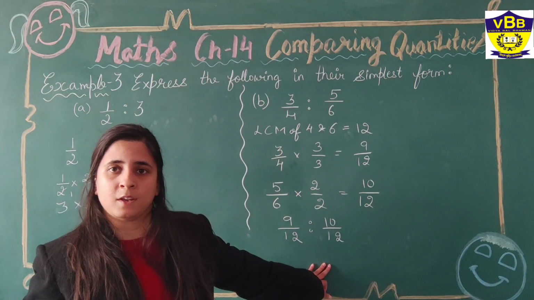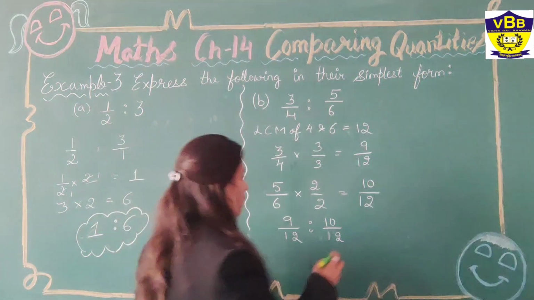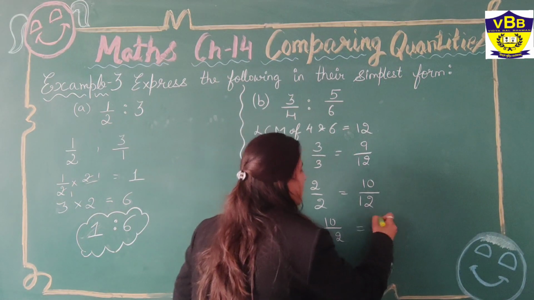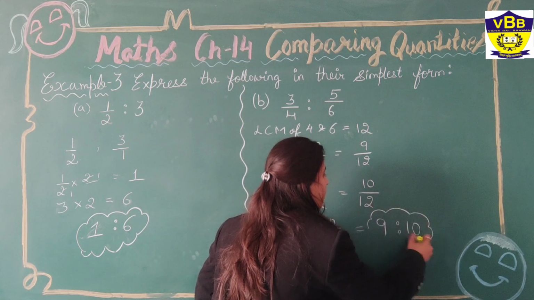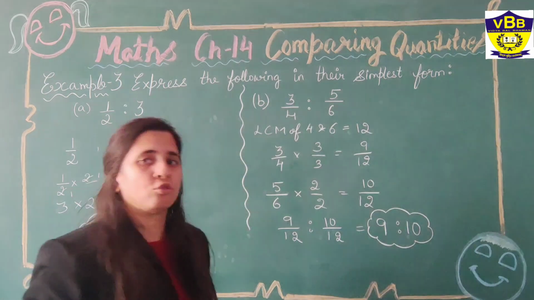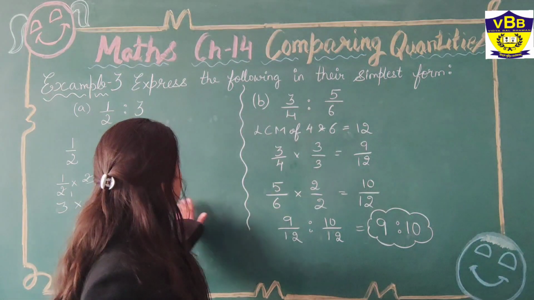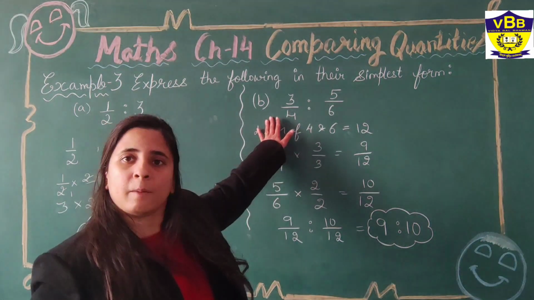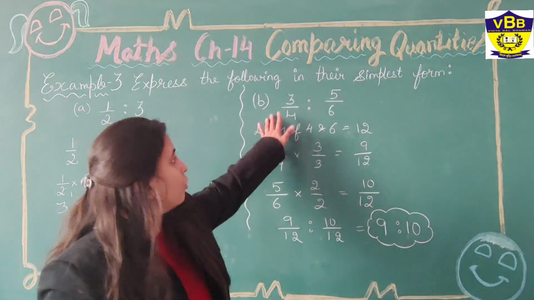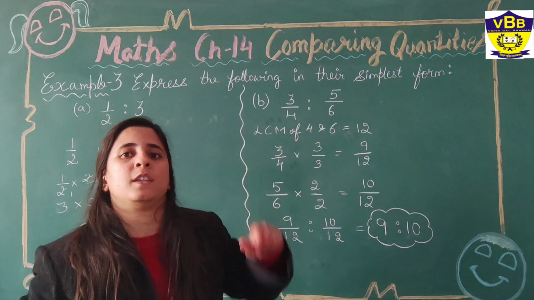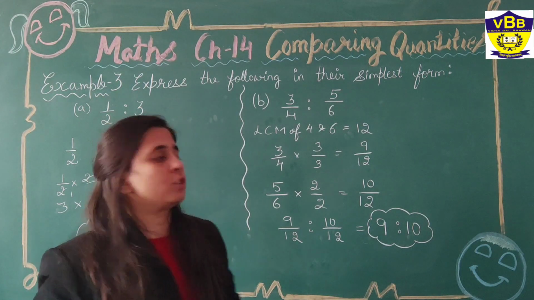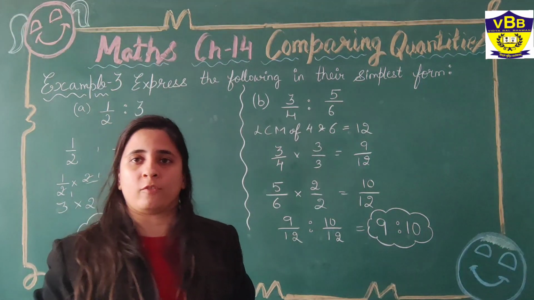Denominators are the same, so we can reduce them to the lowest and it will become 1. So the ratio becomes 9 is to 10. I hope it is clear. Whenever the given numbers are in the form of a ratio, but they are given in fractions, you need to first convert them into whole numbers to express them in the form of a ratio.